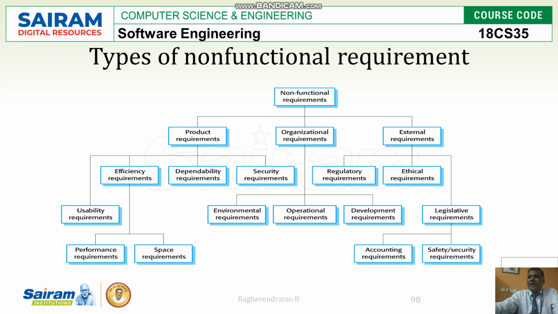Here, for external requirements, rules and regulations are considered. Regulatory things are government organizations' and private organizations' rules. Those things are considered in this. Then ethical requirements about the project, about the resources that you are going to take, are considered in this.